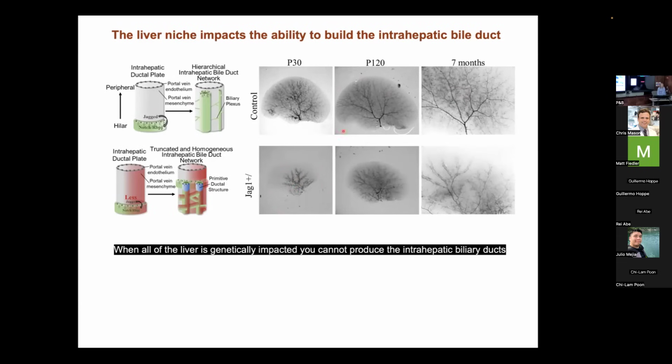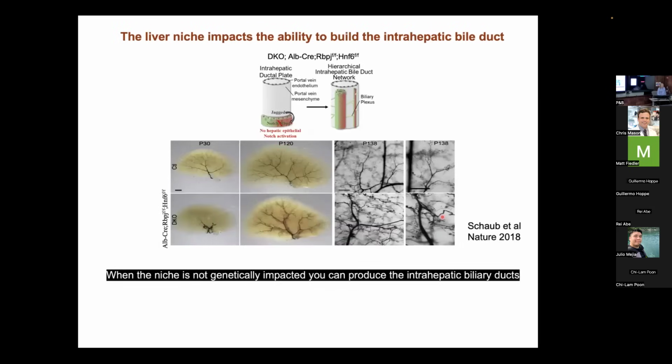If you notice here, the ducts are very thin and very refined. Here, they're kind of almost bulbous and quite big, because it's actually defects or cavities that are forming, and it's very thread-like. And so really it's not capable of getting rid of the bile for these kids.